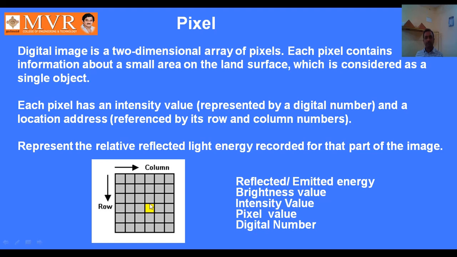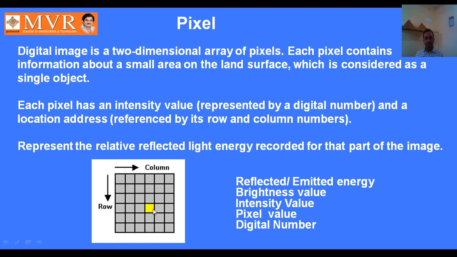This is the xy axis. That is why it is a two-dimensional array. The entire pixel gives the land surface feature. The small area covers the land surface features on the satellite imagery.